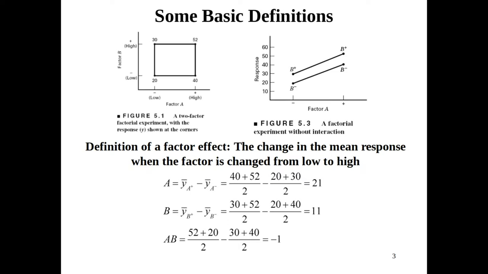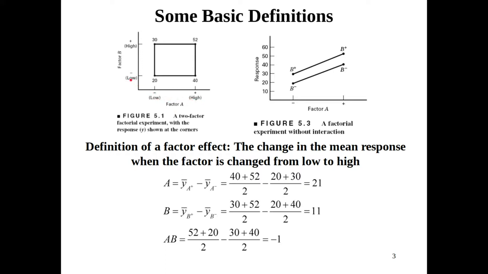So here are some basic definitions. Let's say we have a two-factor factorial experiment, which is shown in this chart. Factor A is on the x-axis and factor B is on the y-axis. Each factor has two levels, a low level and a high level.